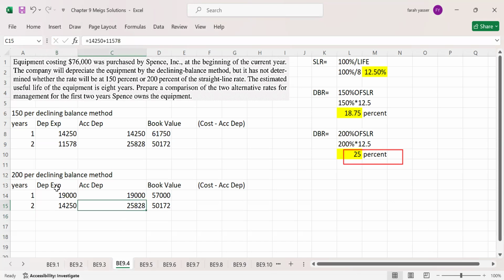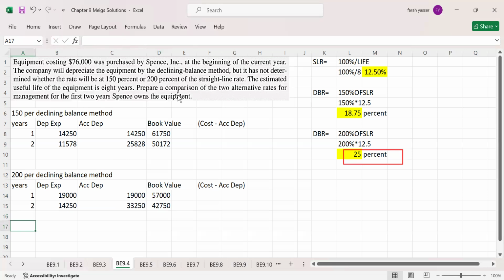Accumulated means we are going to add these two, so 19,000 accumulates to 33,250. So this is accumulated depreciation. And the book value is cost minus accumulated.